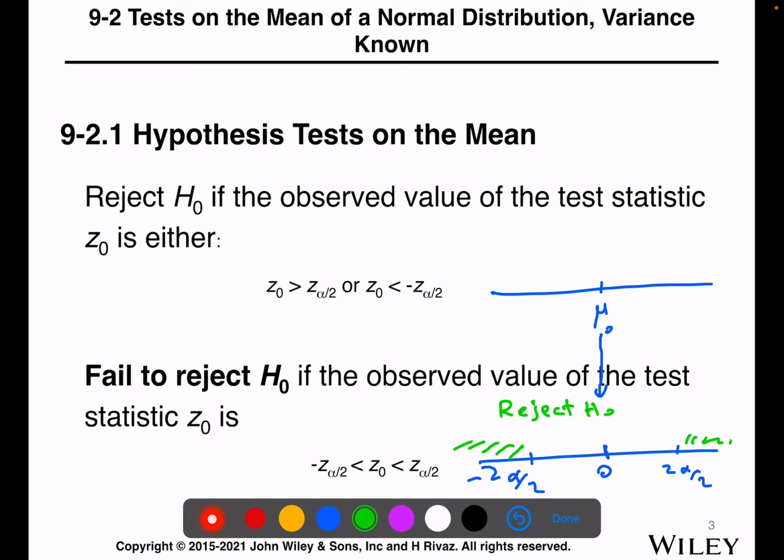So this is always the procedure for finding out whether H0 should be rejected, or if it's in the middle, if it's here, we don't say we accept, because we might suffer from type 2 error, right? We don't know whether H0 is correct or not. So in this case, we say fail to reject. Right? So we will do many examples today.